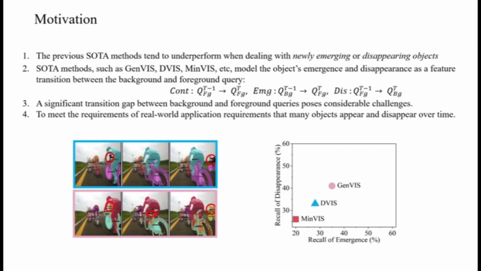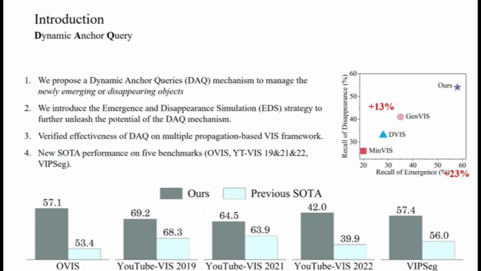But a significant transition gap between background and foreground queries poses considerable challenges for newly emerging object detection and disappearing object filtering. In this work, we propose the dynamic anchor queries, DAQ, mechanism to address this challenge. We propose a DAQ mechanism to manage the newly emerging or disappearing objects.